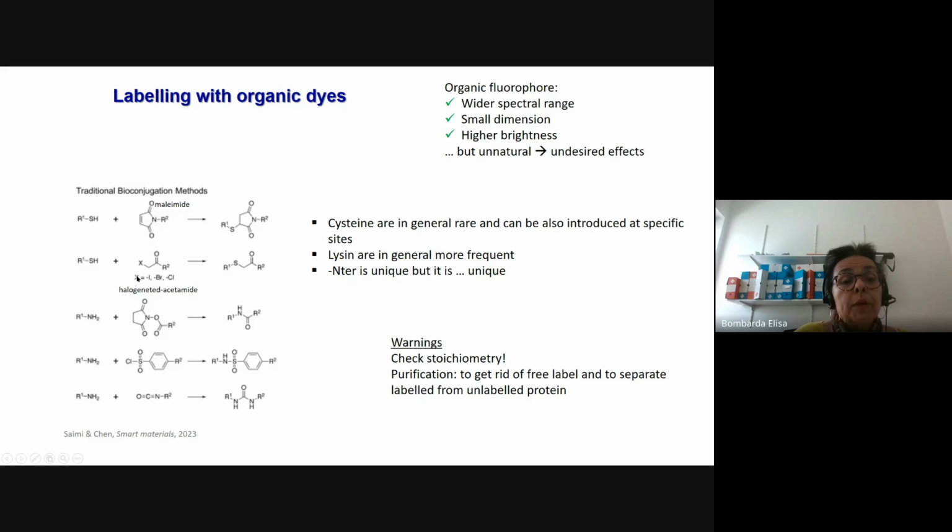Another group on the organic dyes that can help could be the halogenated acetamide, where X is a halogen, in general iodine.